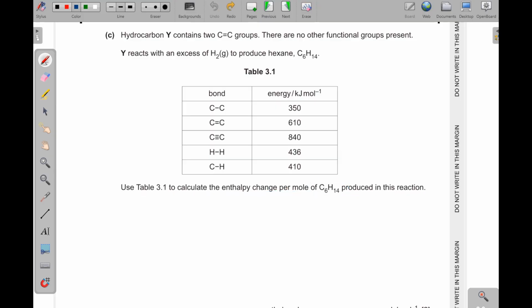Now I can have, let's say this is 1, 2, 3, 4, 5, 6. Okay. And there are two double bonds. Maybe I can put this one here and maybe this one here. And then I can have, I'm just assuming, so this is CH3.